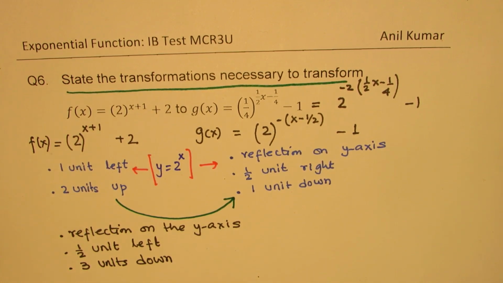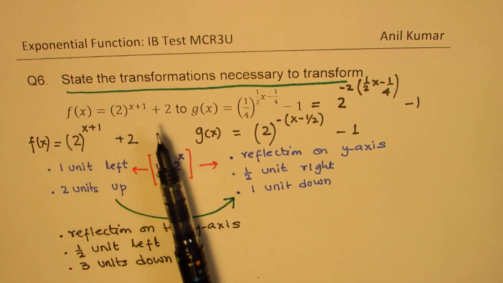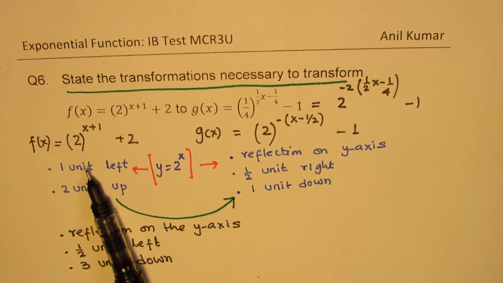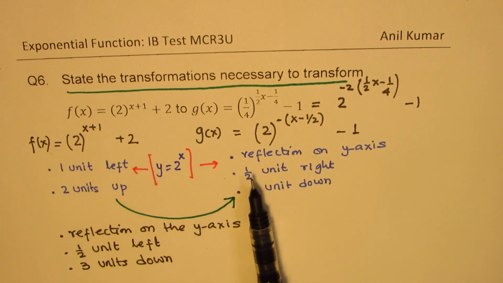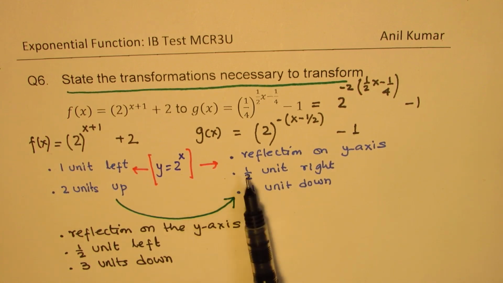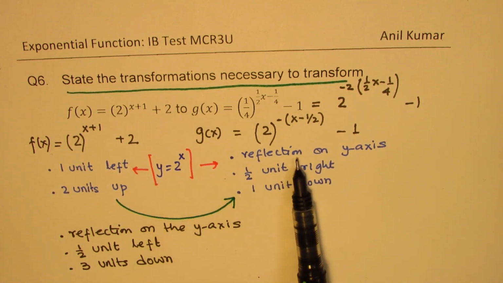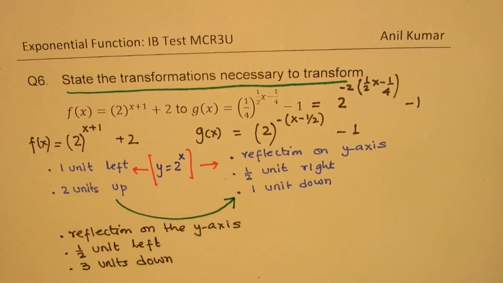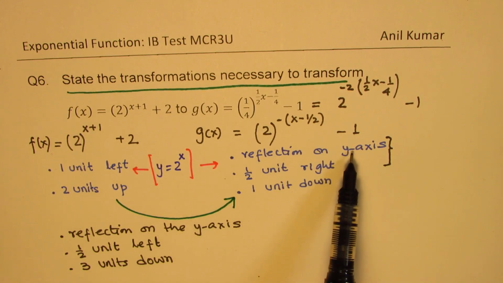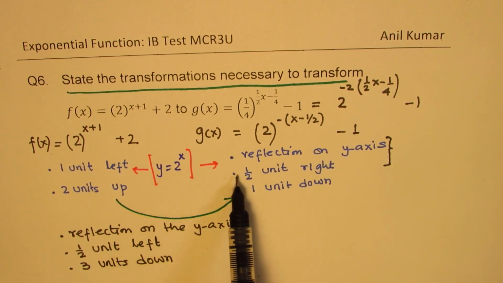Does it make sense to you? See, at this stage, you were 1 unit to the left, and here we are saying you reflect. So when you reflect and then go half unit right, the point is still on the left side. So when you combine these two, you reflect on the y-axis, so you've gone to this side, and after that, you go half unit right.